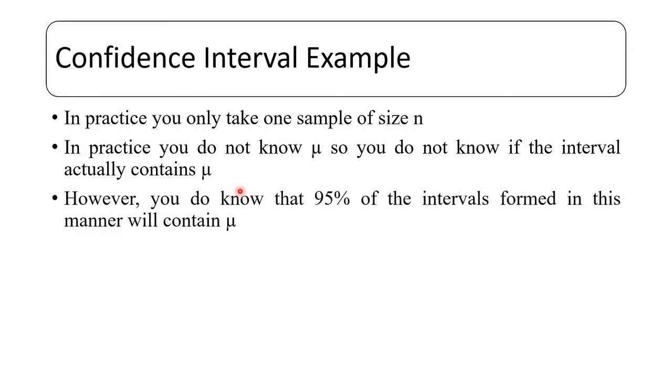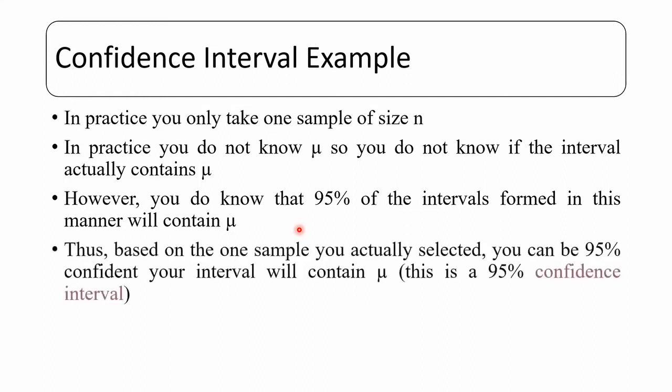However, what you know is 95% of the intervals formed in this manner will contain mu. So what we are doing here is we are going to have a range of intervals, and out of all those intervals, 95% of those intervals will contain mu. That is why we talked about that confidence level in the previous slide.